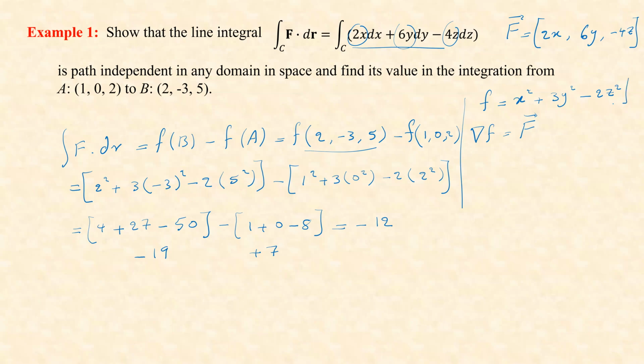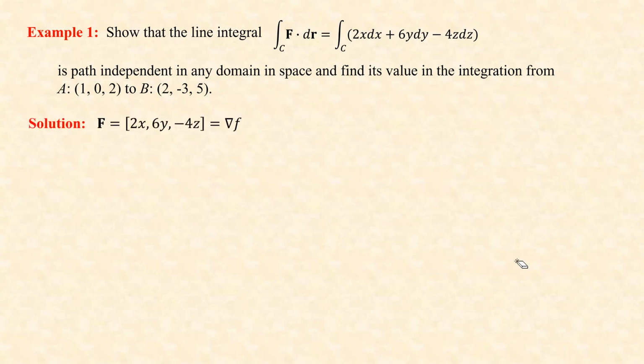So by guessing this function, whose gradient is the function under the integral, we can find the integral from any point A to any other point B. Again, 2x, 6y, negative 4z is the gradient of f.